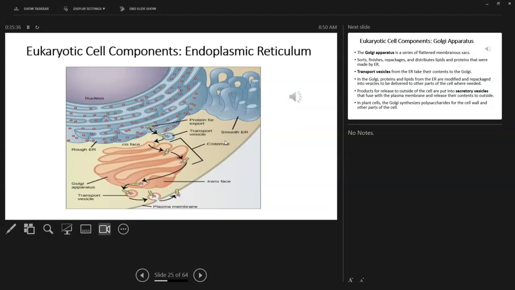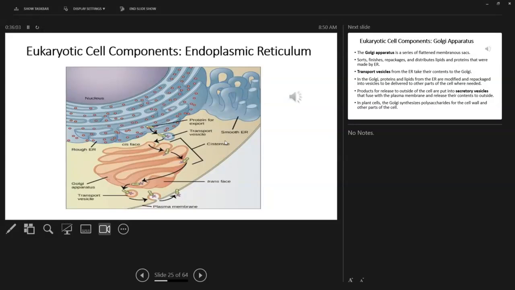Now these new molecules, they might not quite be finished being made, and so they next go into this next organelle called the Golgi apparatus. Some books call it the Golgi complex. The Golgi, I guess, named after a guy named Golgi who discovered it or something.